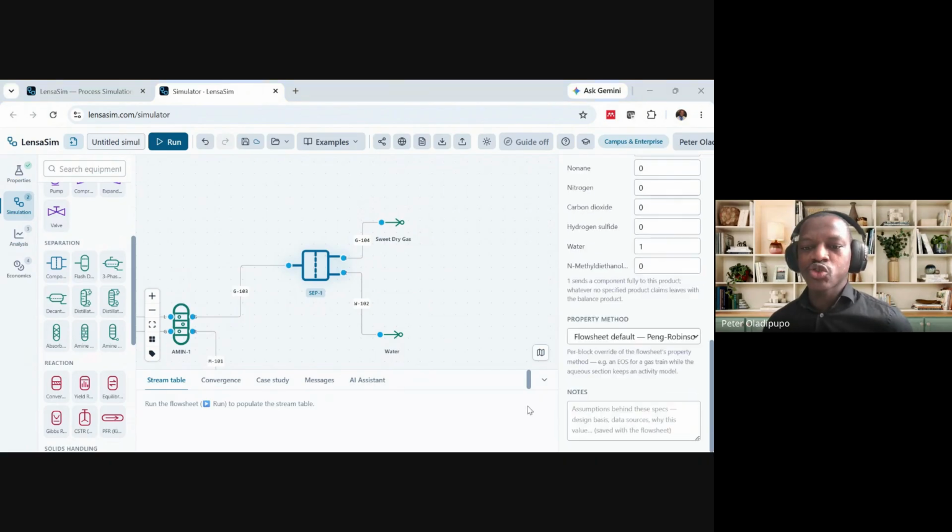Now, another thing I want to talk about is we have a note in LensaSim, so you can explain the basics, so that when you come back later to open your flow sheet and see what you've done, you can explain the rationale behind it. So you can say, of course, this is supposed to be a molecular sieve dehydration unit, for replacement of the molecular sieve.